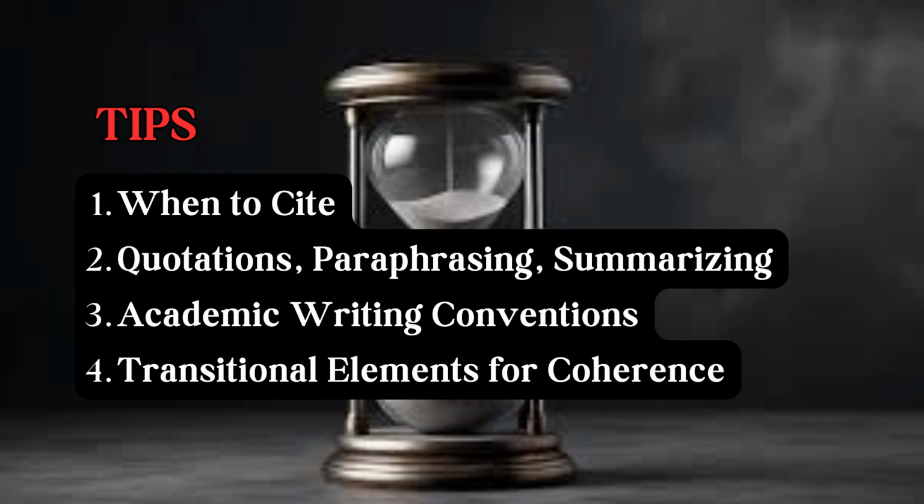Number 5, eliminate vague references and incomplete sentences. Number 6, employ clear, concise sentences and avoid wordiness. Number 7, use domain-appropriate terminology and synonyms to avoid repetition. Let's now look at transitional elements for coherence.